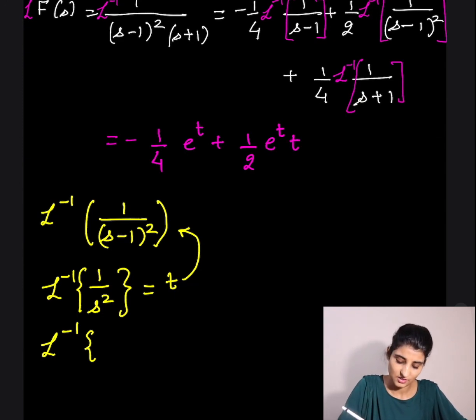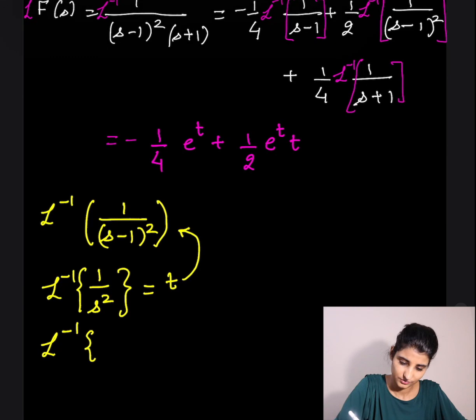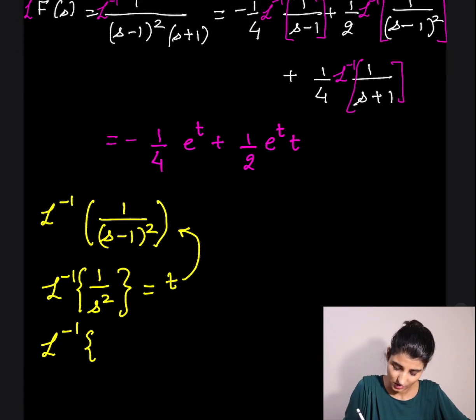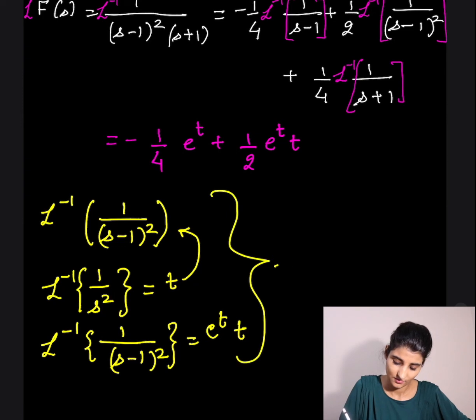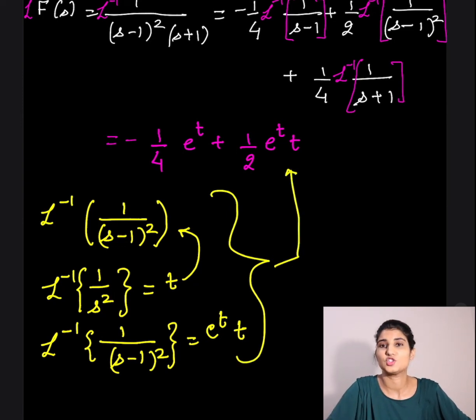So Laplace inverse of 1 over (s minus 1) square is equal to e power t times t. We are shifting by 1 unit.